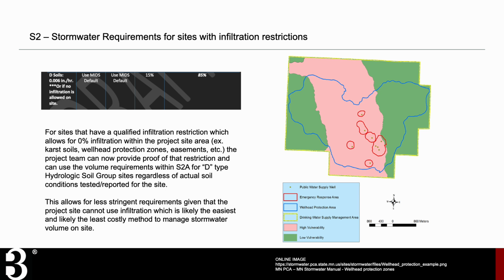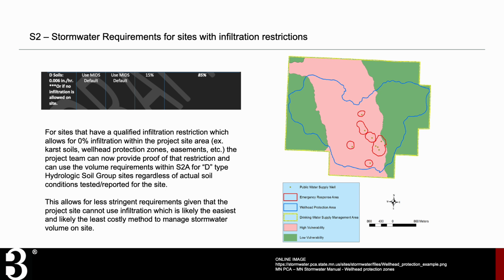It's important to note for this guideline that D-type soils are still required to infiltrate 85% of overall stormwater volume arriving at the site.